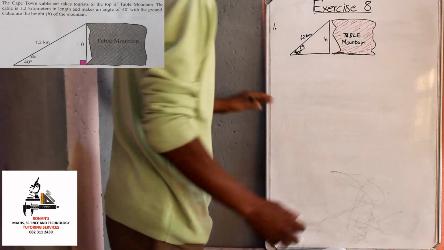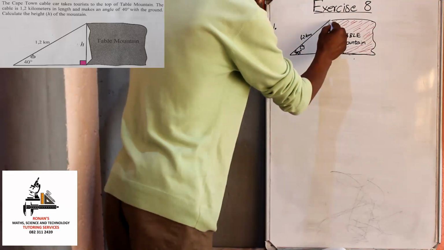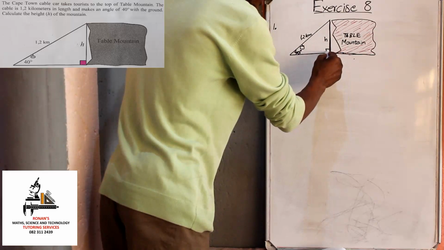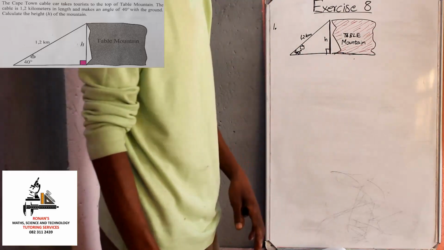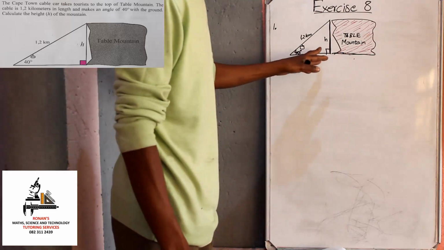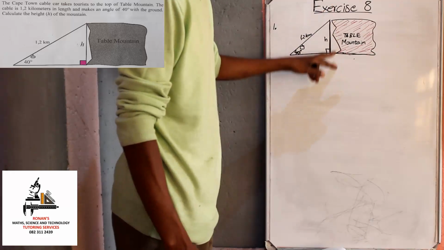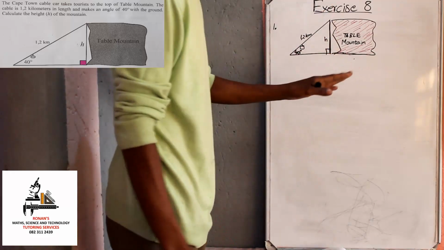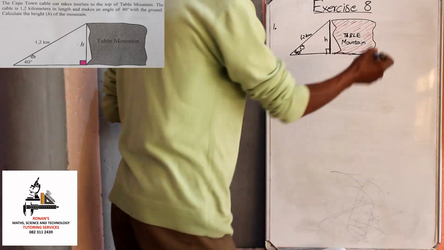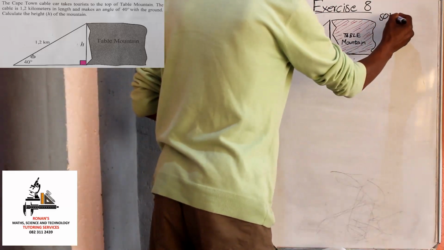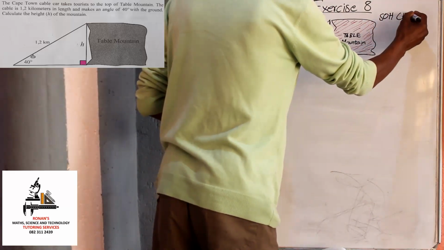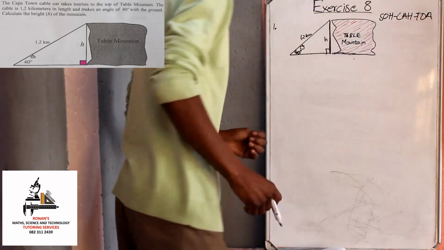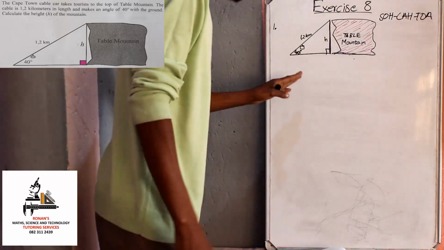Now, looking at this, one can identify that if I were to draw a line perpendicular to the surface of the ground, this becomes a right angle triangle. We're actually expected to find the height of the mountain, which will be obtained by using trigonometric ratios. I'm going to write here, so as always, our acronym is going to come into play.